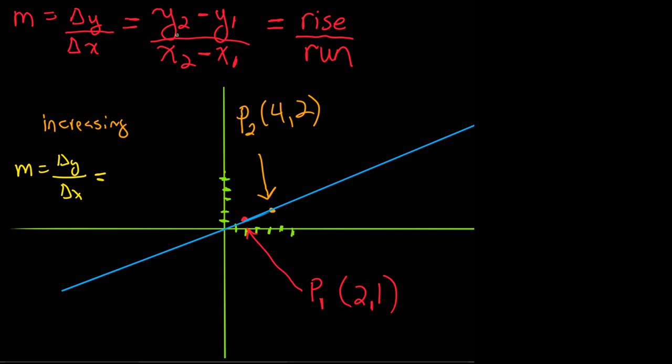My y2 value is 2 minus my y1 value, which is 1, over my x2 value is 4, and my x1 value is 2. So I get 1 over 2, or 1/2. And so this line has a slope of 1/2.